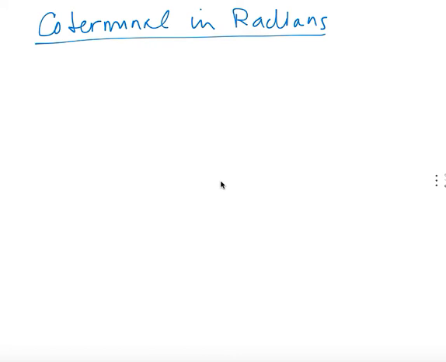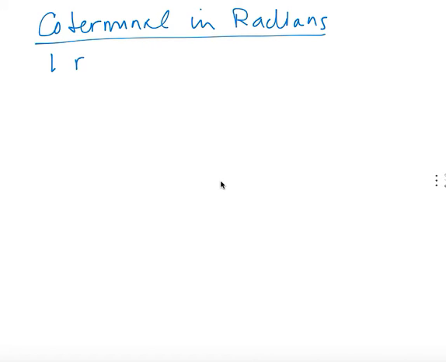The last concept that we need to mirror into radians is the concept of coterminal angles in radians. We say that coterminal angles have the same terminal side location, the same quadrant, and the same reference angle. However, they vary by a number of rotations.